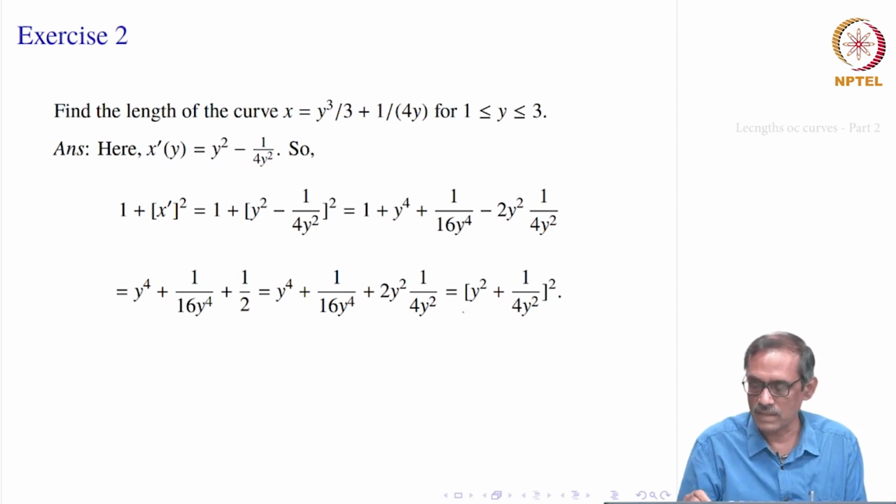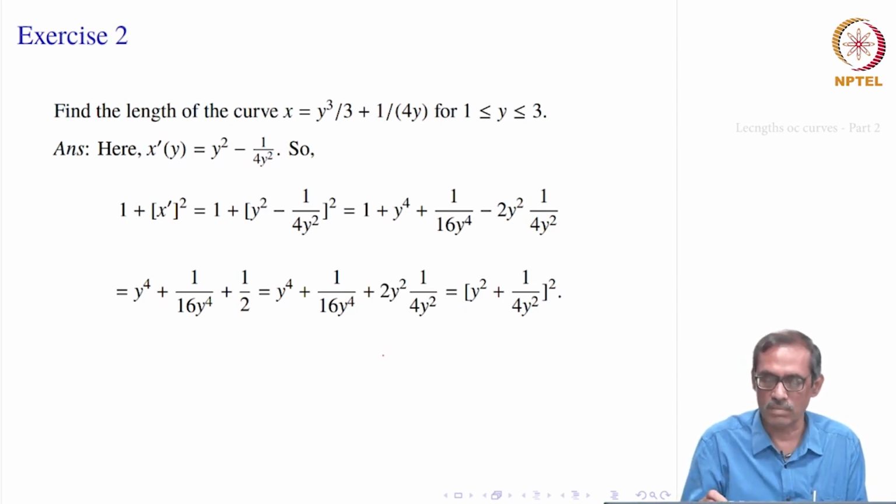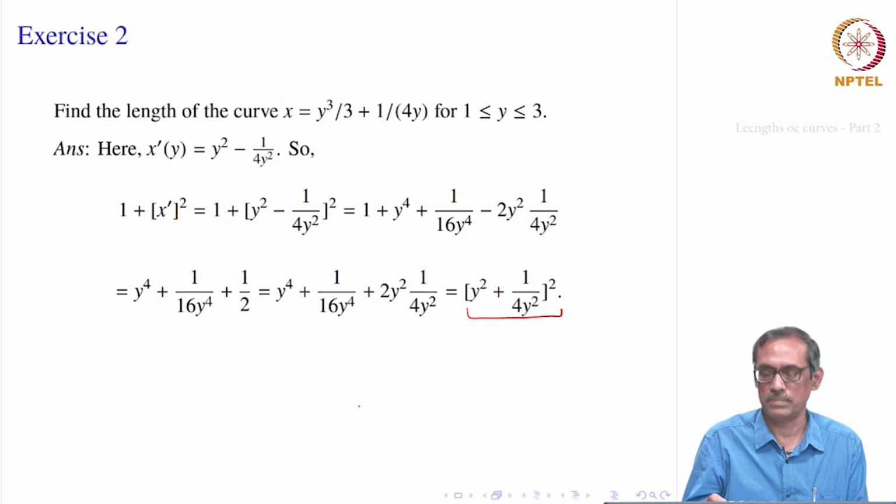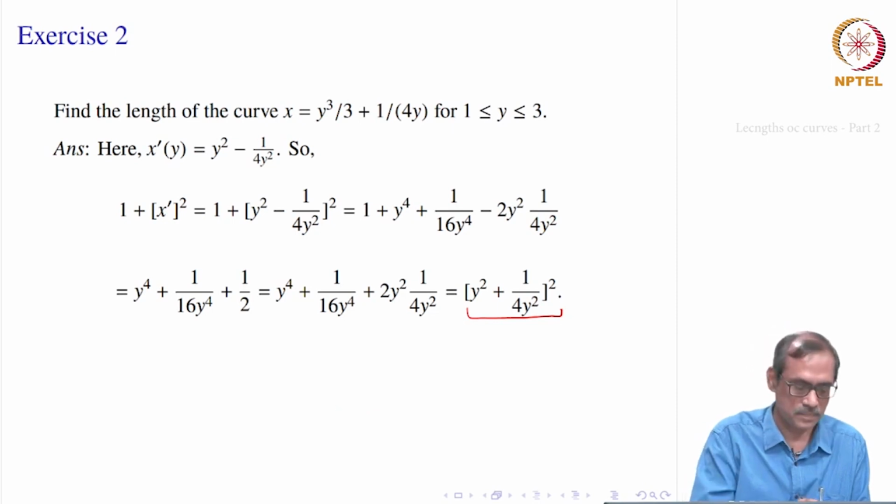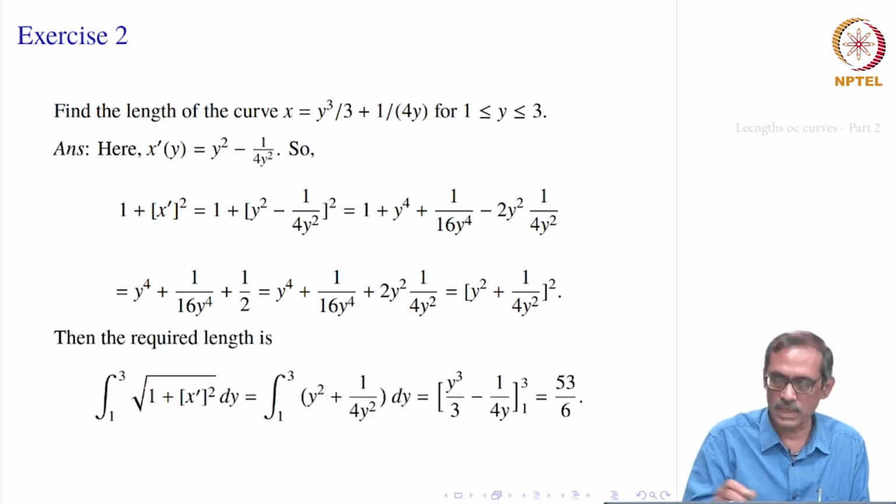So, because we want to take the square root of that, it is better to see whether it can be written without the square root. We see that this expression simplifies to y squared plus 1 by 4 y squared, whole squared. Then the length of the curve will be the integral, limit of y is 1 to 3, square root of 1 plus x prime squared dy.